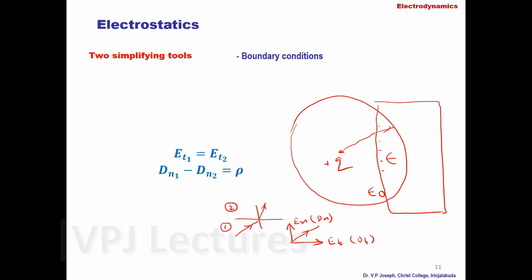So what happens to the normal component and what happens to the tangential component? That is what we identify in the case of this medium change. This is called boundary conditions. We'll explain this boundary condition in detail in the coming videos.